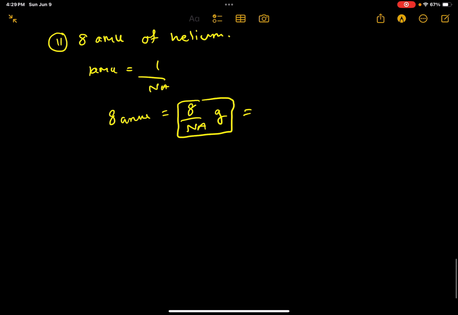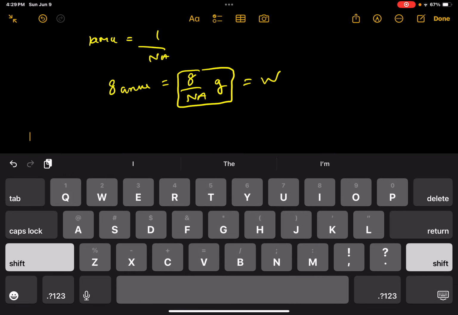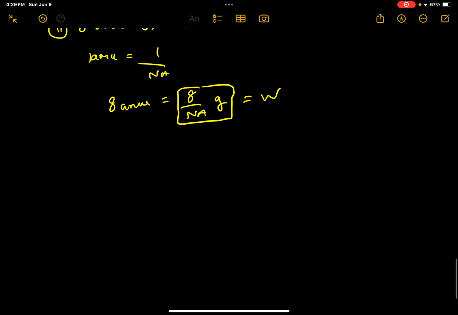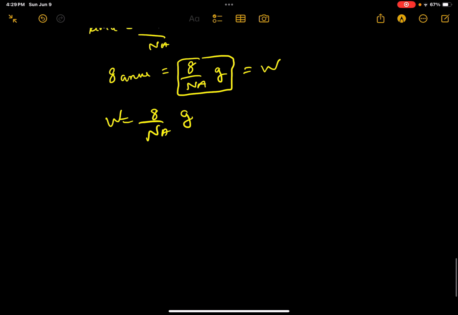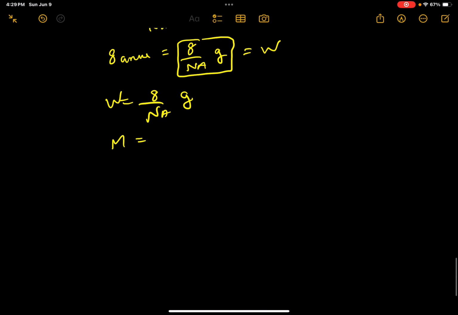So we have the given weight, and we know that weight is equal to 8 upon Na grams, and the molecular mass of helium is equal to 4 units.